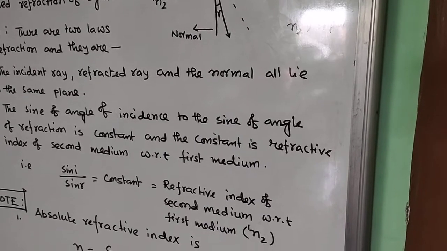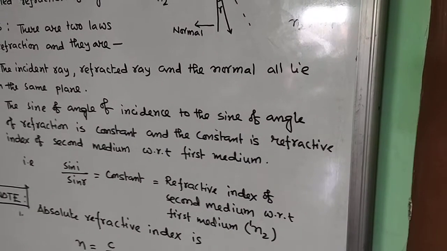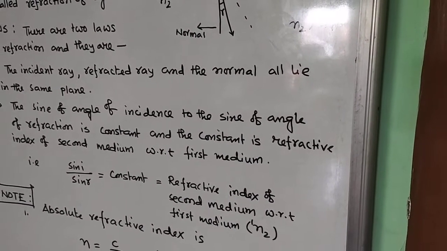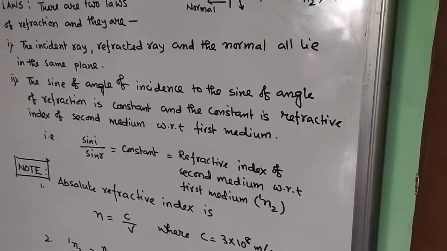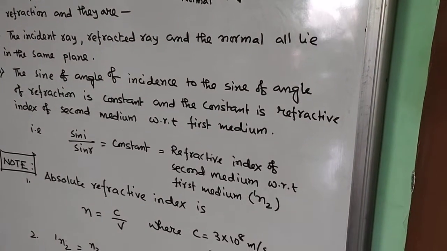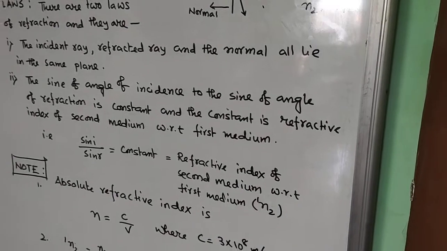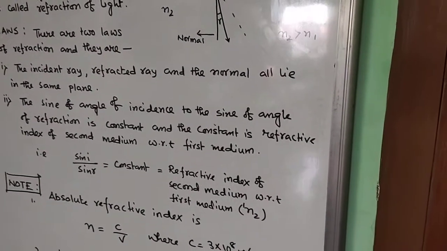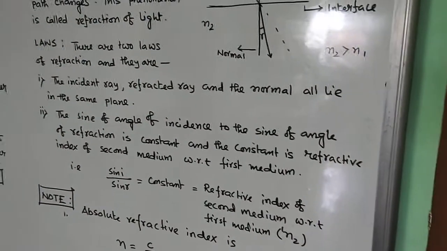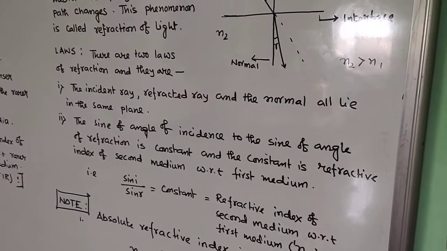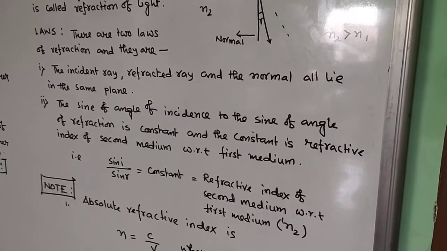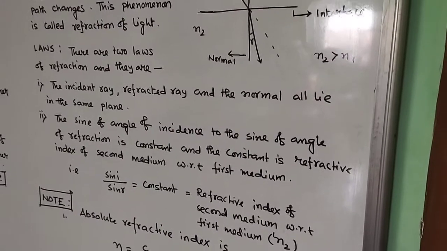And basically it is denoted by the subscript and superscript, that is N21, refractive index of second medium with respect to first medium. Now if someone asks you what is refractive index, then you can define by considering sin I by sin R, which is nothing but the Snell's law, and this is nothing but the relative refractive index because you are considering two medium.